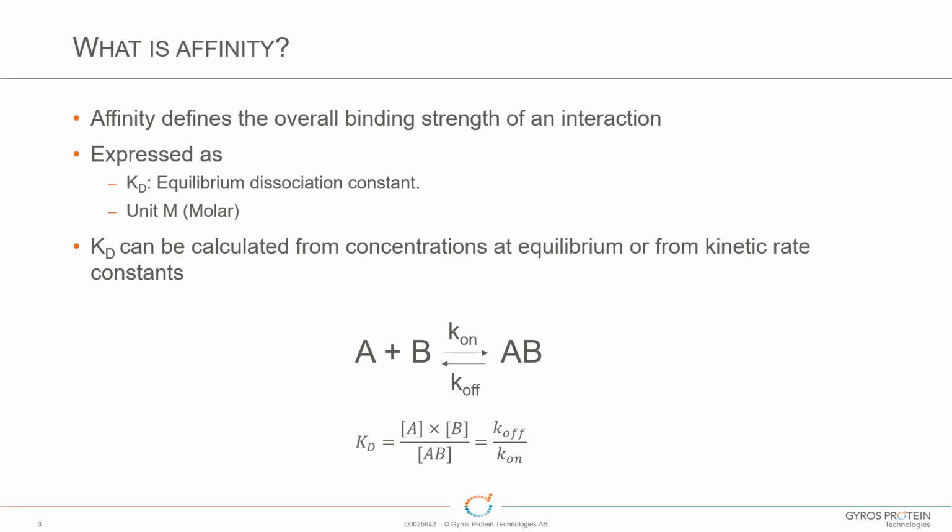So if we start with thinking about what exactly affinity is, really it describes the overall binding strength of an interaction. And often we think about KD, or the equilibrium dissociation constant, which is a measure of how tightly two molecules interact with one another. I think one of the things to keep in mind from a bioanalytical perspective is we're thinking in moles, molar units here, and for folks that have been working in the bioanalytical space, this is different, right, John?